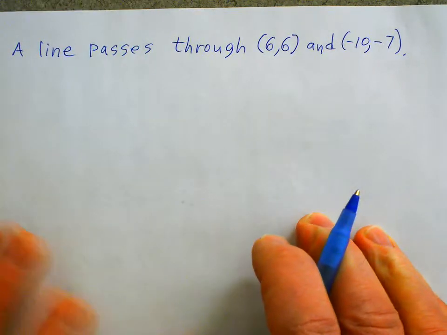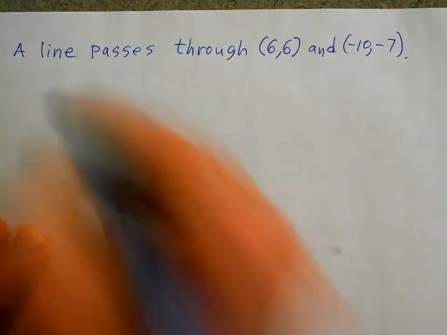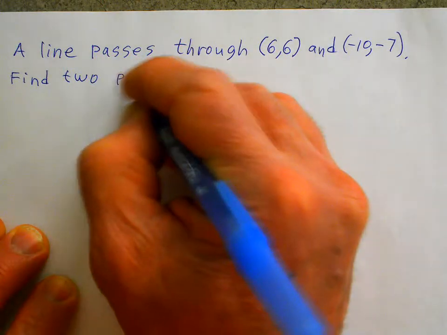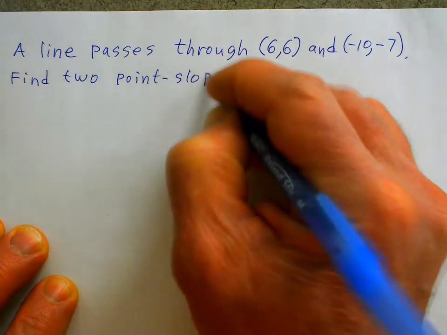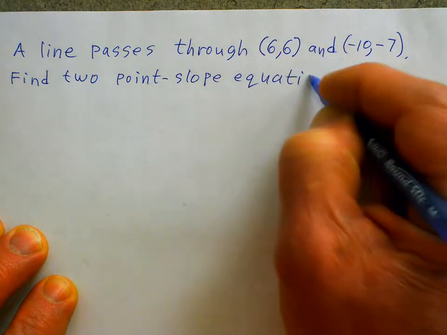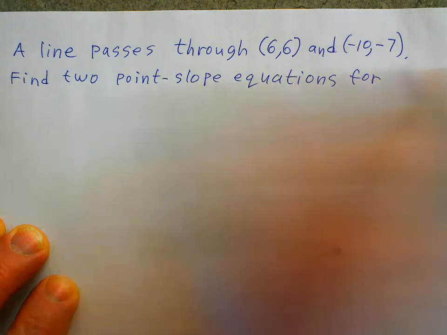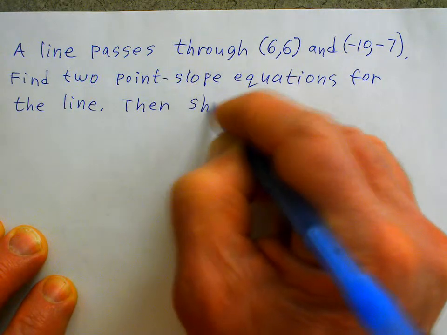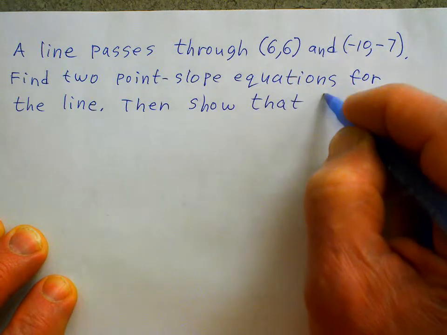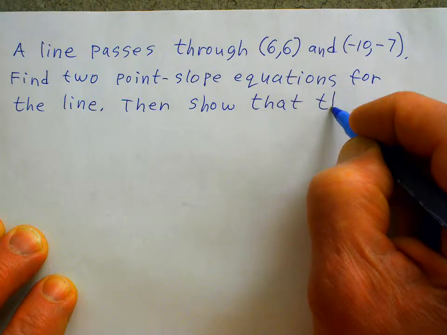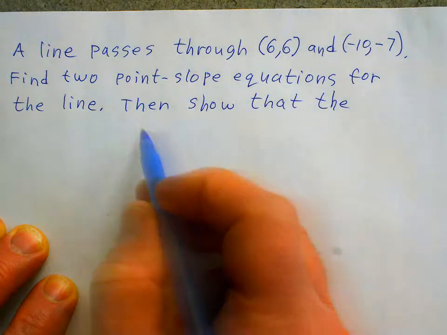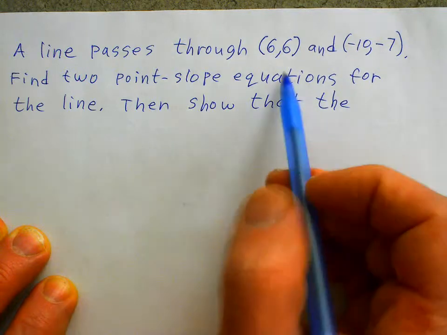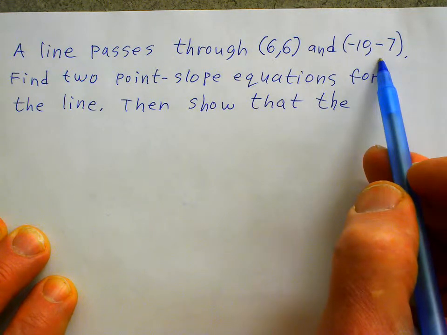So what we want to do in this little exercise is find two point slope equations for the line, and then show that the two lines are exactly the same, which you know has to be true, but this is just a little exercise starting out with the point slope equations involving the ordered pair 6, 6 and the ordered pair -10, -7.